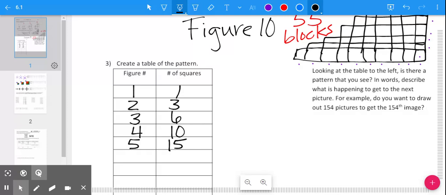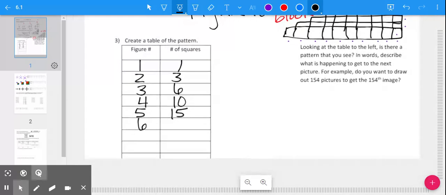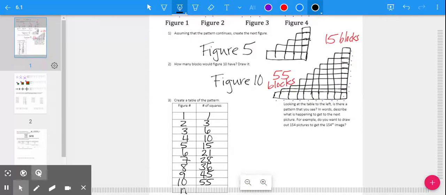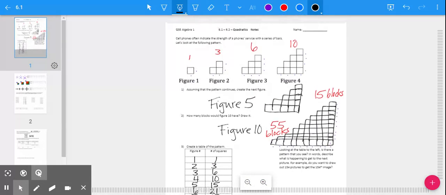And if we continued the same pattern, 6, 7, 8, 9, 10, and then we're going to call it n. So we would have 21 in that one, 28 in this one, 36 in this one, 45, and 55.